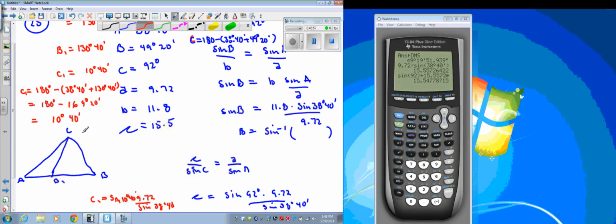And then for the C2 or C1, then we want to do that sine of 19 or 1040 sine.